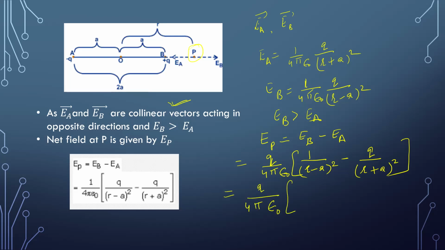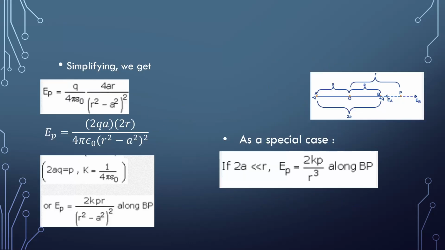you will get Q upon 4 pi epsilon naught into 4AR upon (R square minus A square) whole square. So, we get Q upon 4 pi epsilon naught 4AR upon (R square minus A square) the whole square.